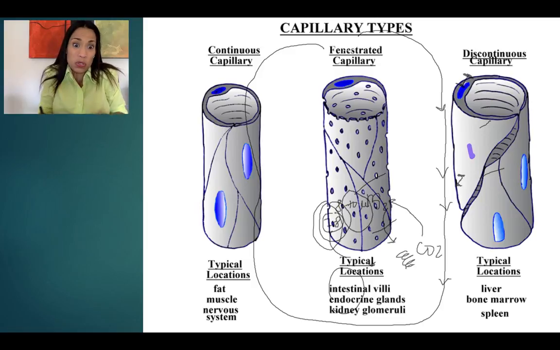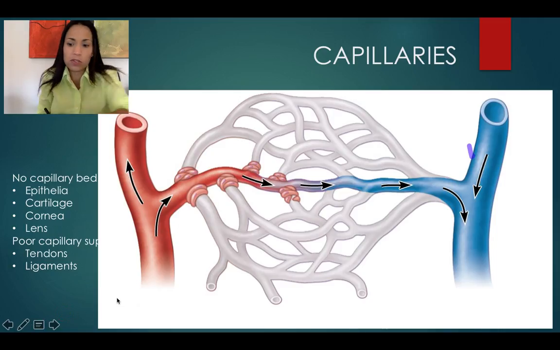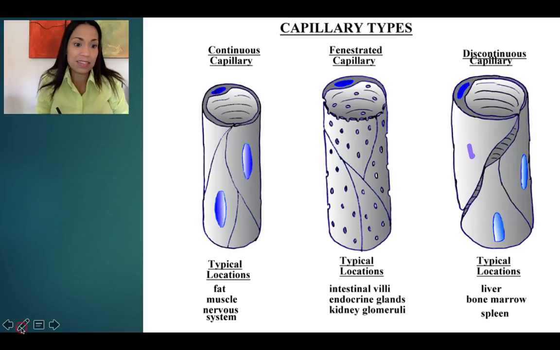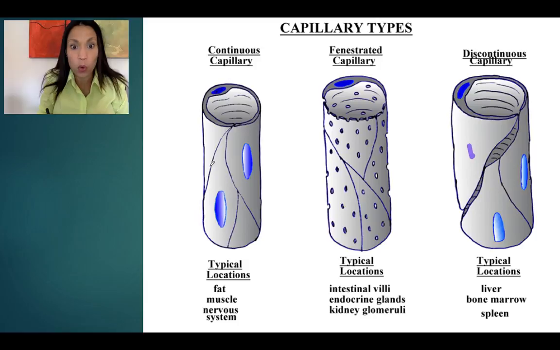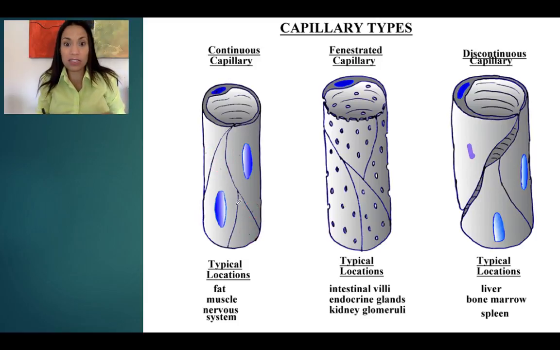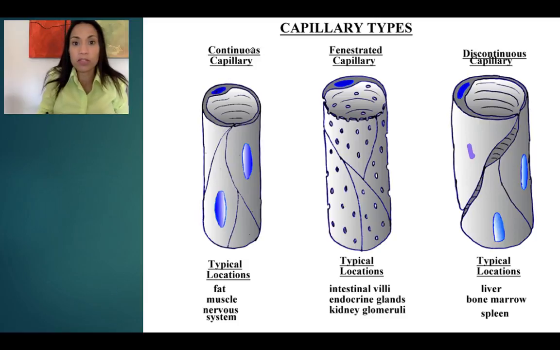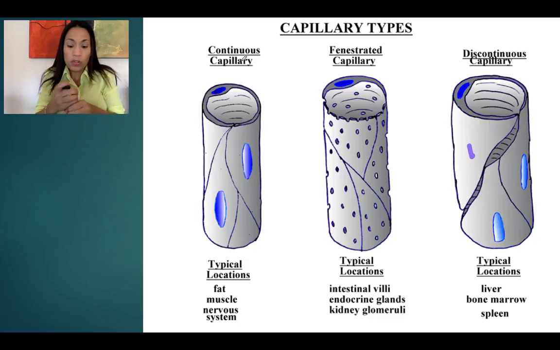So the closest, where we have tight junctions holding the different endothelial cells together, form continuous capillaries. These capillaries are not that permeable. They don't allow much exchange of big particles or big nutrients.